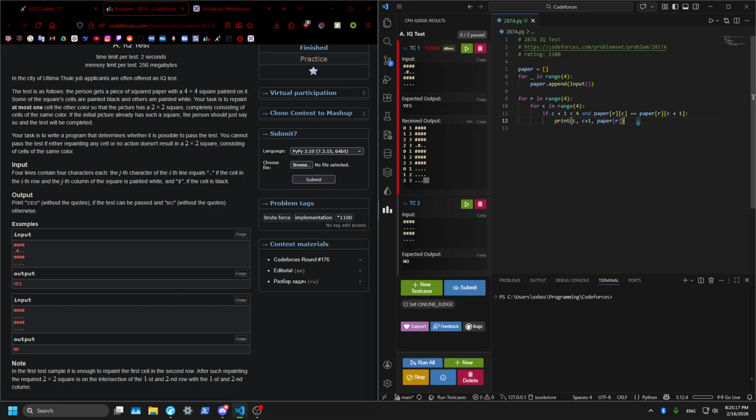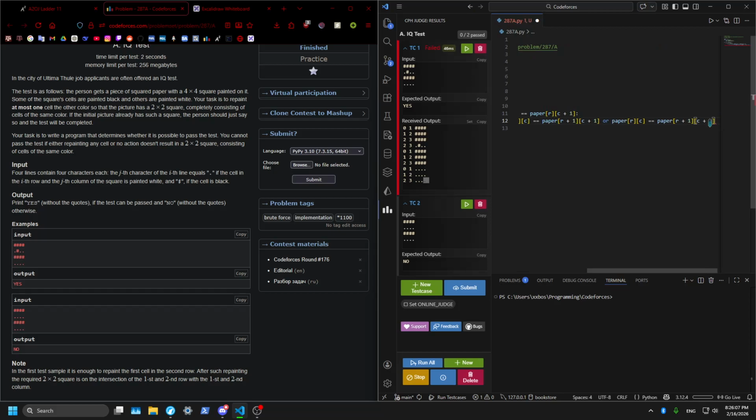Now we just check if r plus 1 is less than 4 and paper[r][c] is equal to paper[r plus 1]... or this.